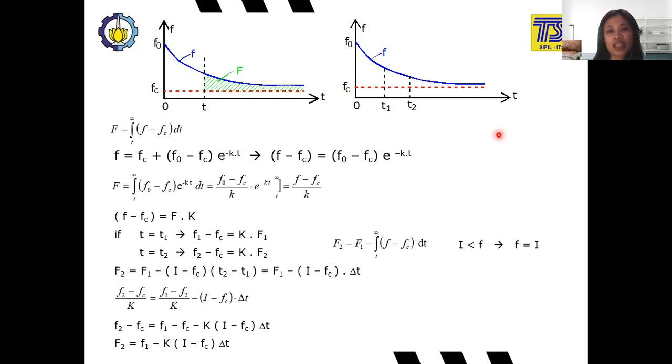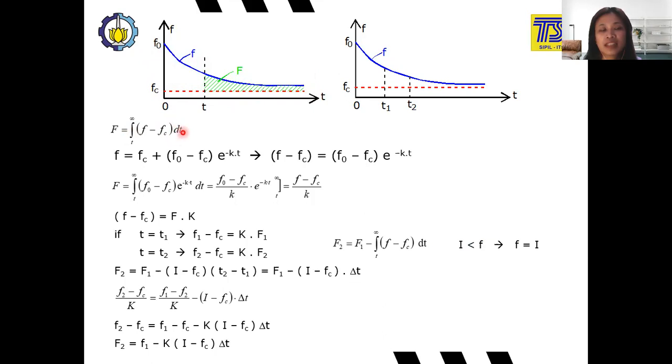If we have rainfall which is lower than the infiltration capacity, the first thing is the equation of this graph here. So the integral of f minus fc. Here fc is the constant one, and f is the infiltration which is happening.